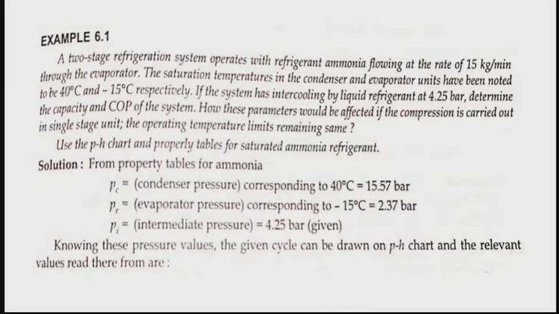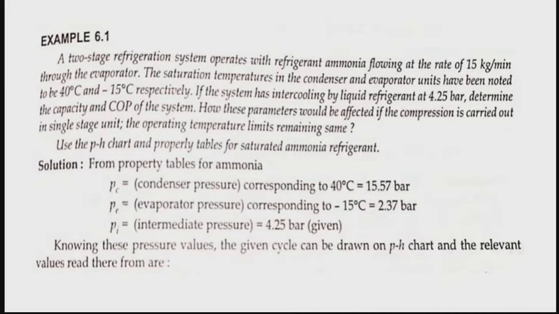Now, analyzing the question, when there is a two-stage refrigeration system, it means that two compressors are used, with an intermediate compression happening in between. The first compression goes from the evaporator pressure of around 2.37 bar, and after that it is compressed again up to 15.57 bar.